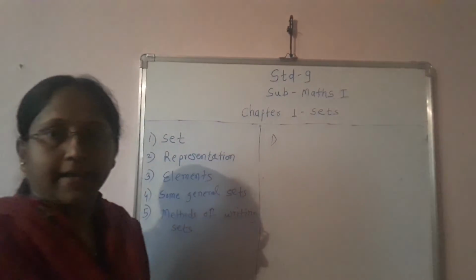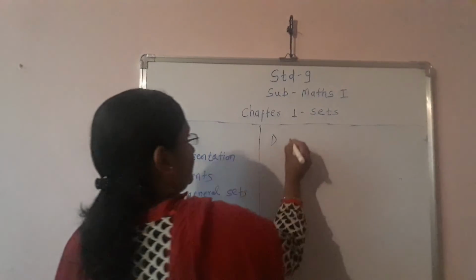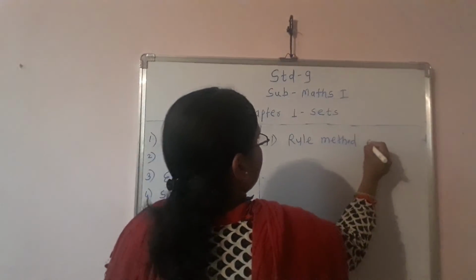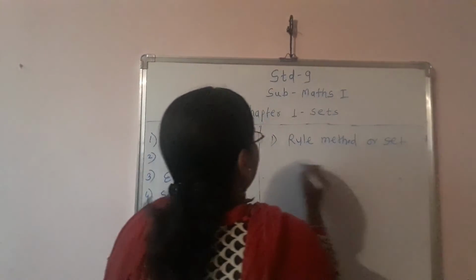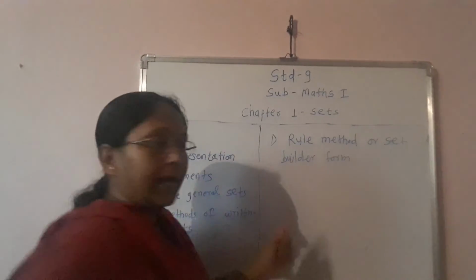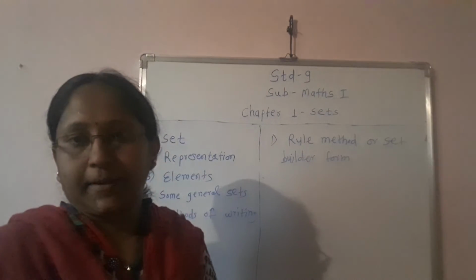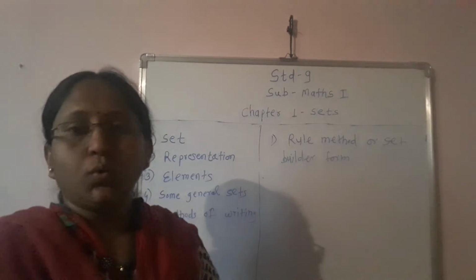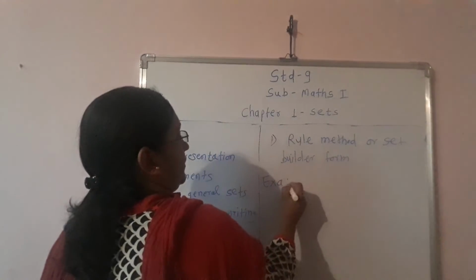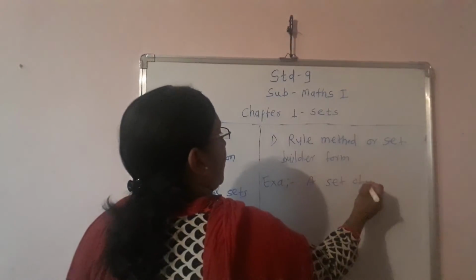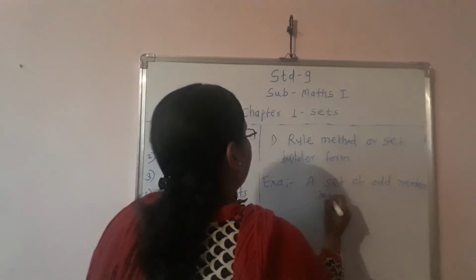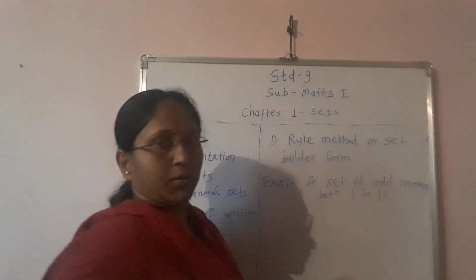The second method is the rule method, or we call it set builder form. In this method, we assign some variable and give a condition. Suppose I take one example: a set of odd numbers between 1 to 10.